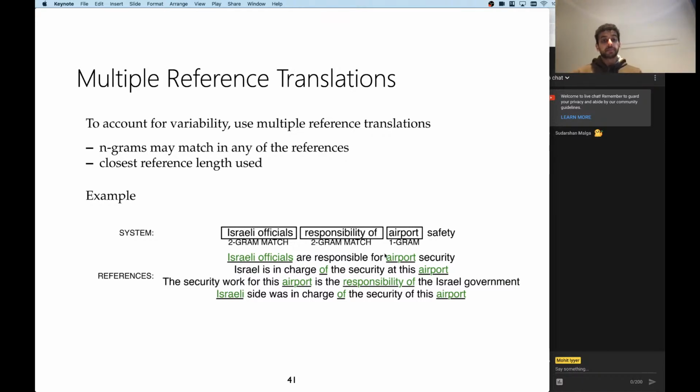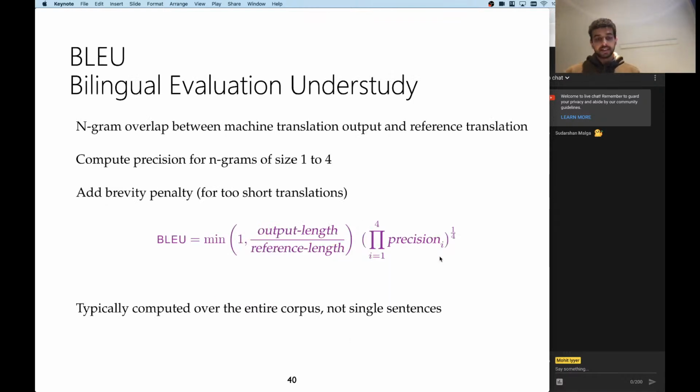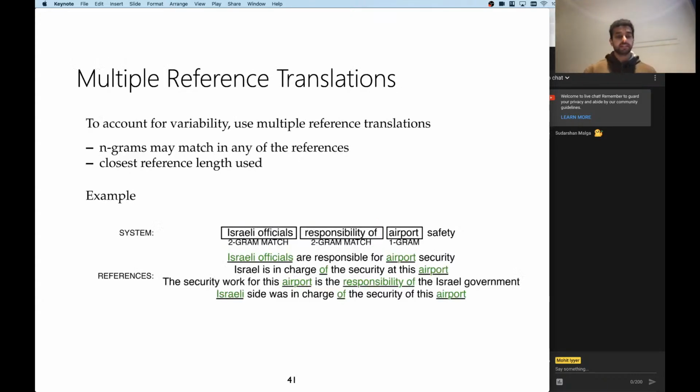Similarly, responsibility of, and if we were computing recall, we would be asking the system output to include responsibility of, responsible for, in charge of, and all these paraphrases, right? So the recall score is not meaningful when we have multiple references. The precision, however, is. So that's why BLEU is a precision-based metric, but also includes this penalty for short translations, which is kind of a mirror of what the recall would be giving us.